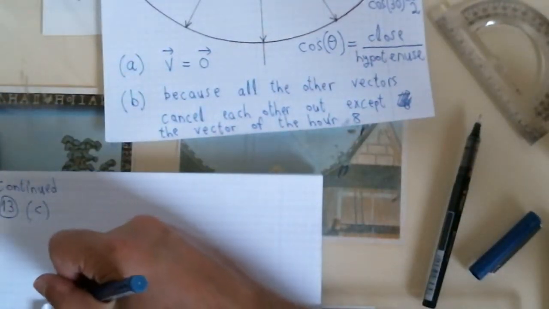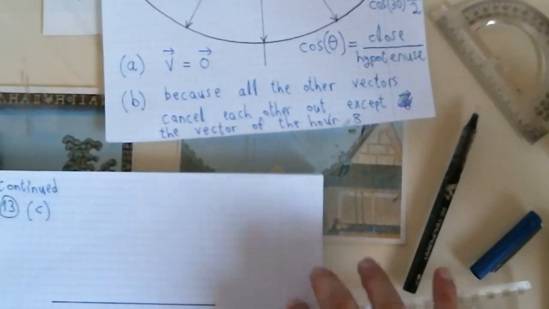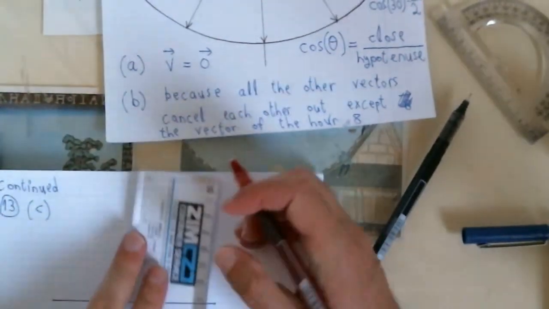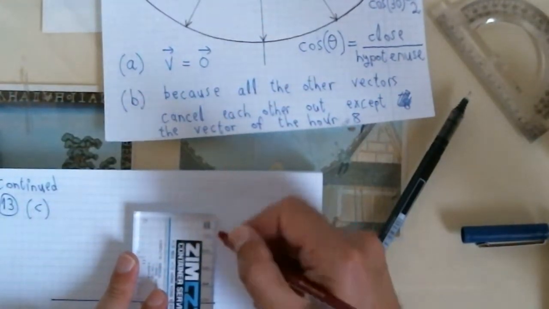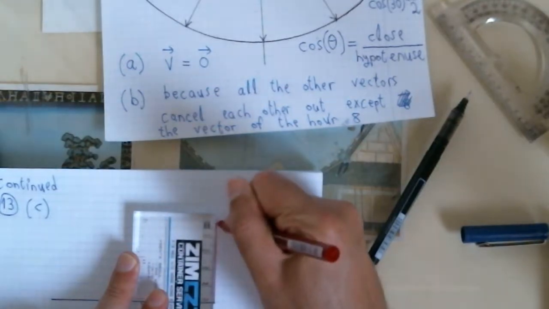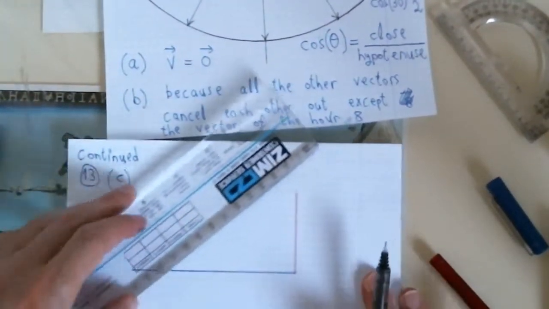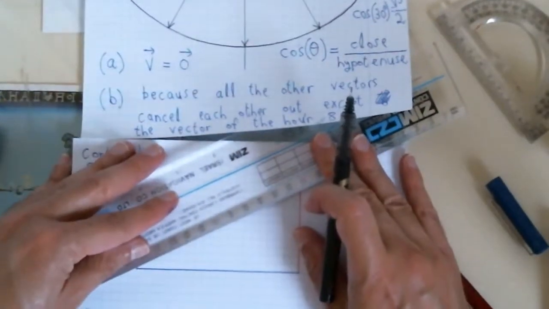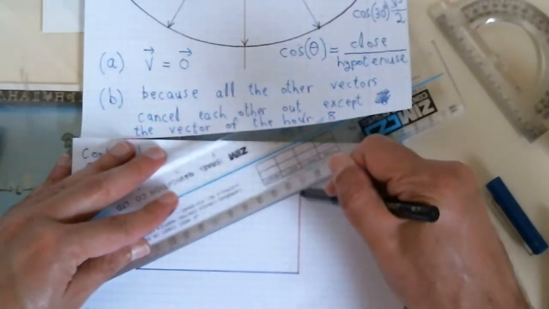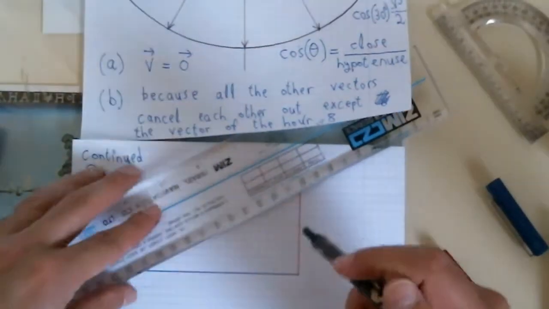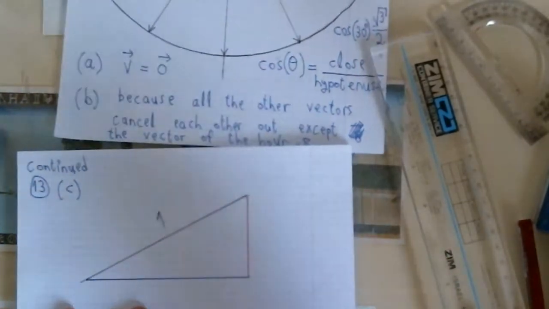This was blue, and this was red. And this was black. And this was 1. Okay, the hypotenuse was 1.